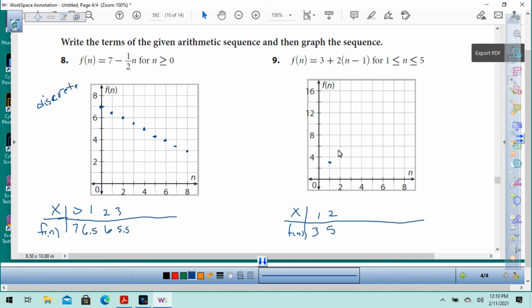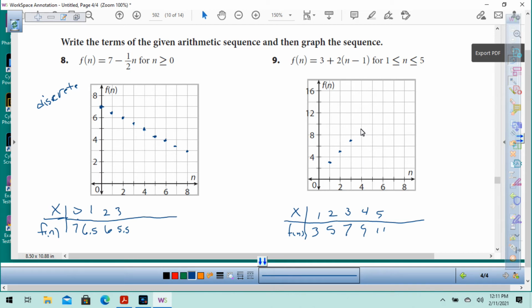So 2 and 5. Put a 3 in there. 3 minus 1 is 2. 2 times 2 is 4, plus 3 is 7. So 3 and 7. Are you seeing a pattern now? Put in a 4, and that's 9. Put in a 5, and that's 11.